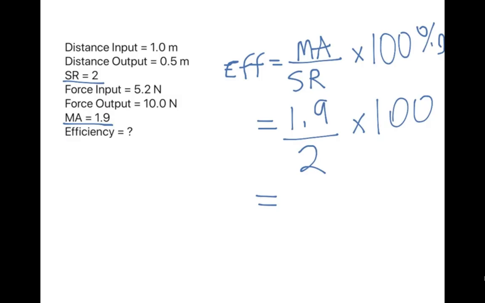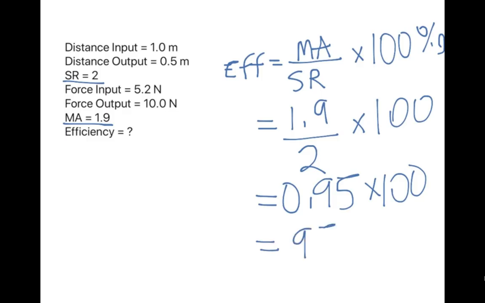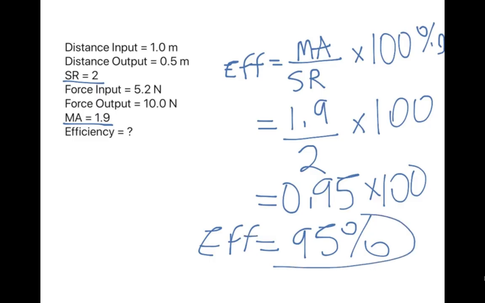So again, maybe a calculator, 1.9 divided by 2. That'll give you the decimal, 0.95. But don't forget, you've got to make that a percent, so that's why we're timesing by 100. So this device is 95% efficient. 95% of the energy that you're putting into it, you're getting out. It's not losing very much to friction.